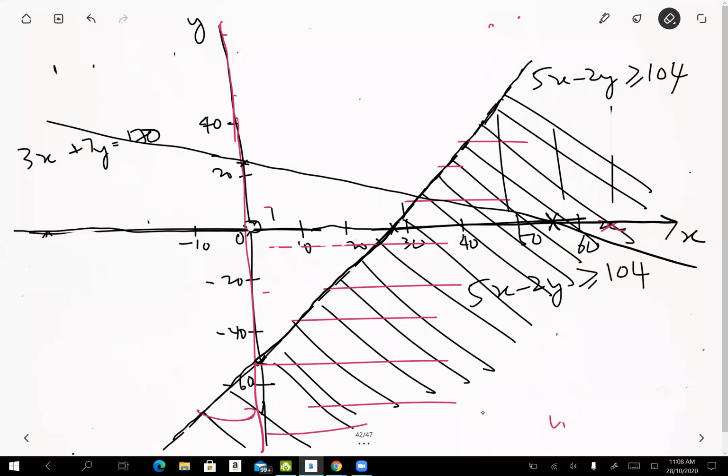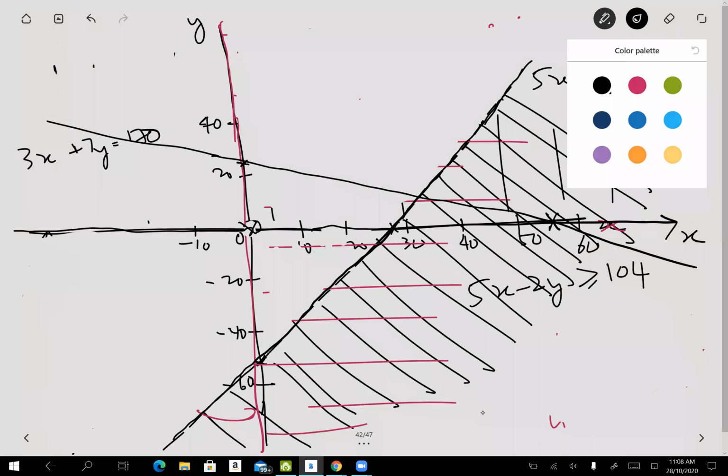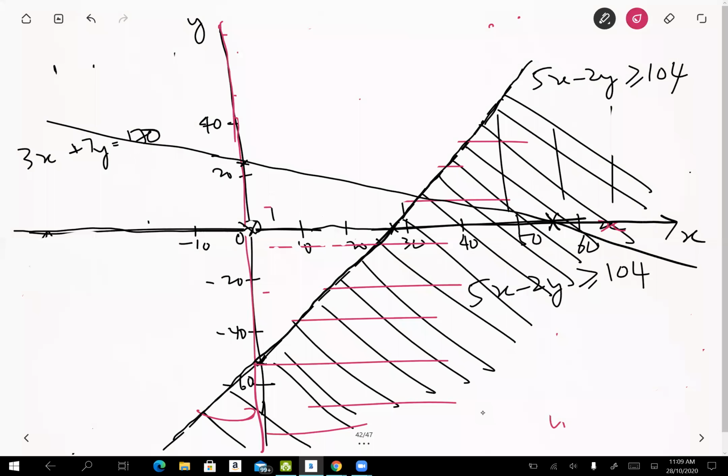Should be up. Okay. Should be up because if you test with 0, 0, that 0, 0 does not satisfy bigger than. It is less than. So therefore, the area will be the area up here. Let's say you do it with 0, 0.